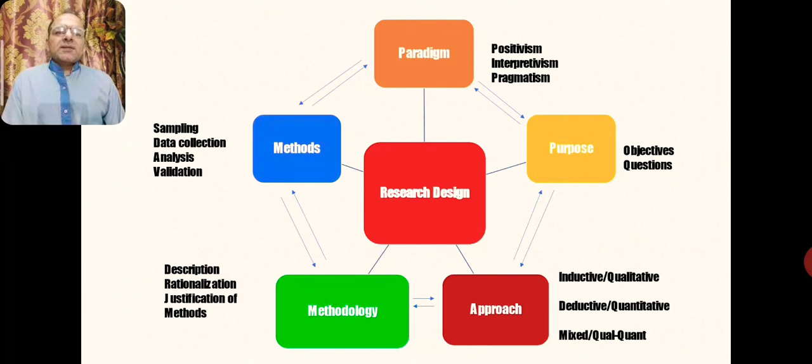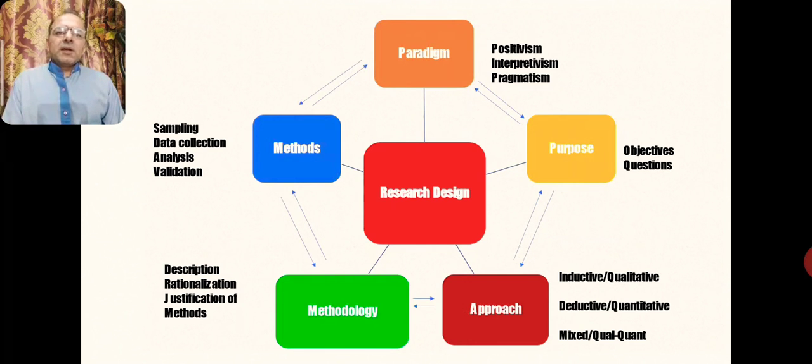So overall, the research design is a quite complex but very interlinked phenomenon, which is impacted both by the theoretical or philosophical considerations of the research process, and by its empirical and methodological considerations.